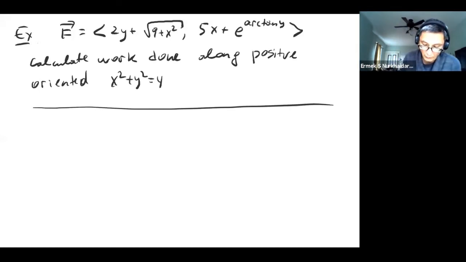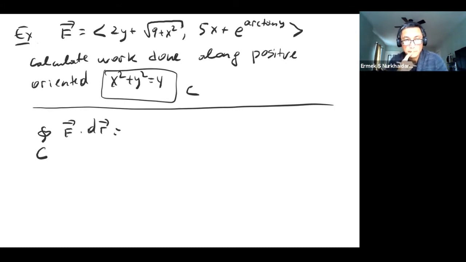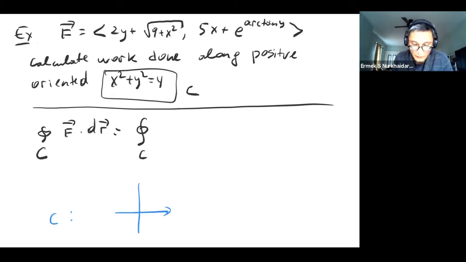So we calculate the following integral over C, and C is going to be this curve. It's closed. The integral of F dot dr. C is x squared plus y squared equals 4, so it looks like this, and we're moving along it in a positive direction.